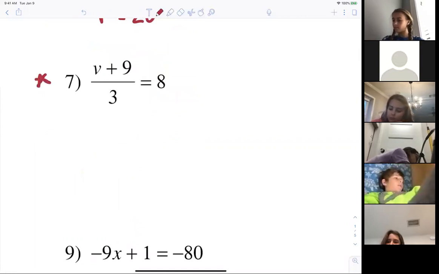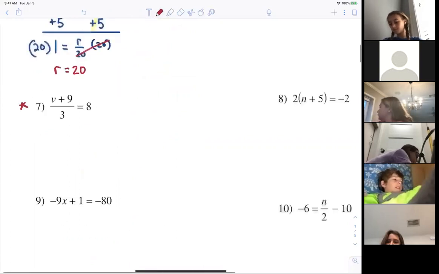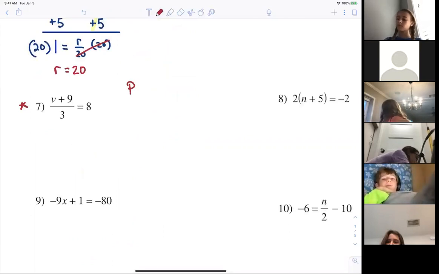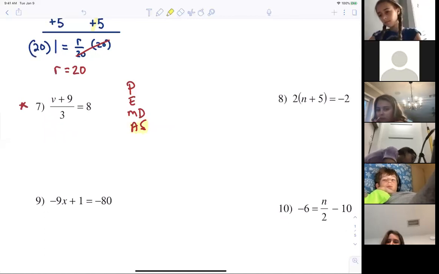All right, the reason why this one's a star is because I said back in my original notes when we do PEMDAS, parentheses, exponents, multiply, divide, add, subtract, I said most of the time you do the addition and subtraction, get rid of that first.